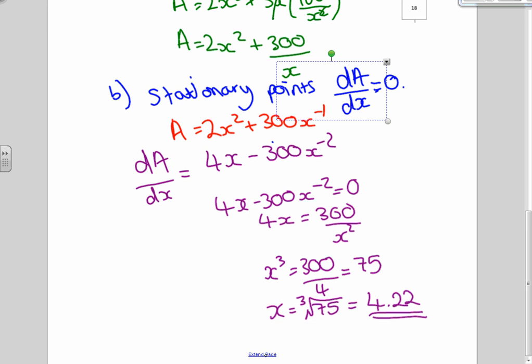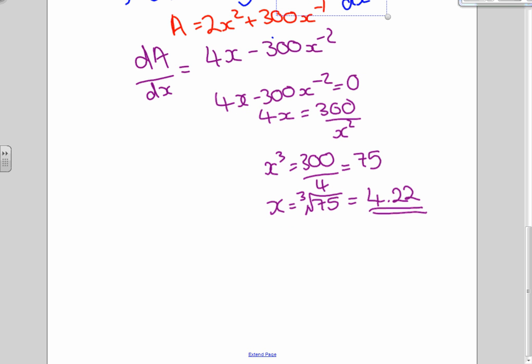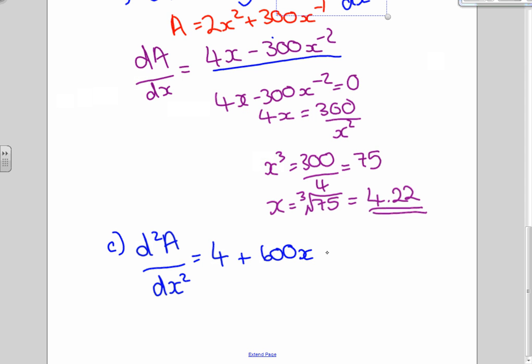So we need to do the second differential. So this is for part C. We need to do the second differential of what we have here. So we need to do d2A by dx squared. So multiply by the power would give me 4, and reduce the power by 1 means that the x disappears, and then multiply by the power would give me plus 600 x to the minus 3 once we reduce the power by 1. So we want to substitute in x equals the cube root of 75.